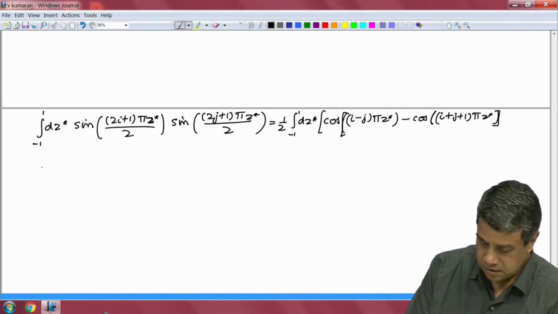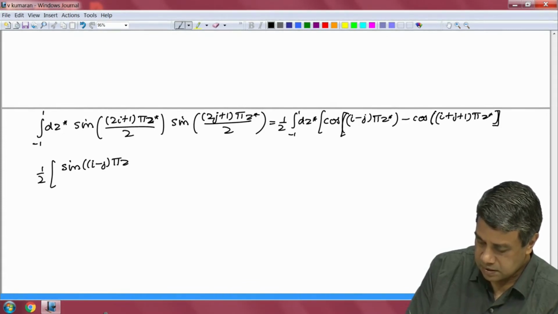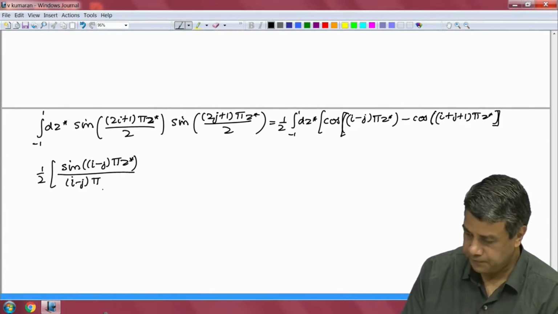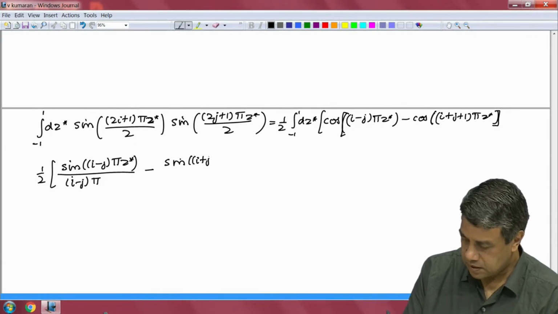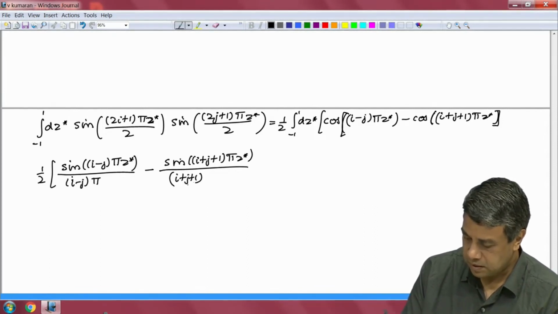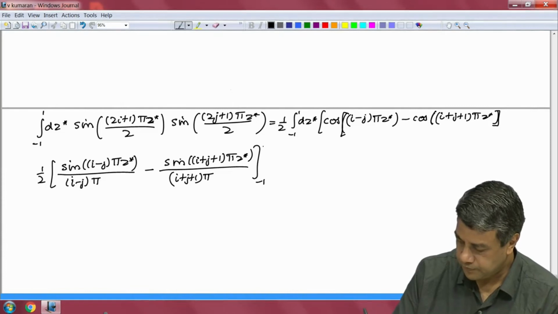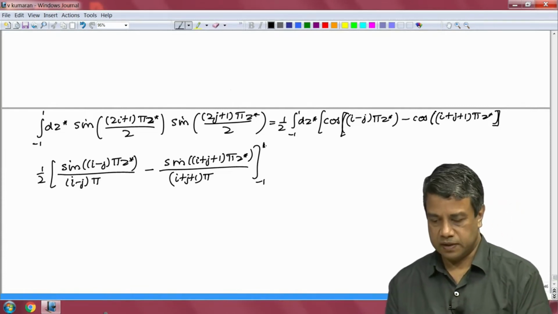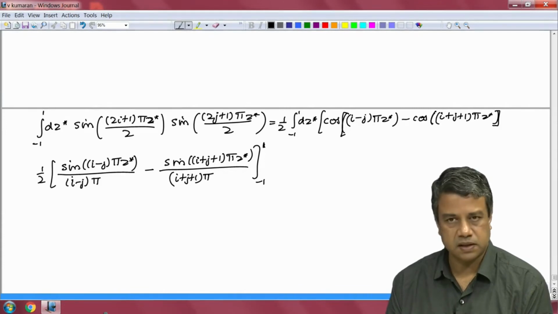So I get half into sine of (i minus j) pi z star by (i minus j) pi, minus sine of (i plus j plus 1) pi z star by (i plus j plus 1) pi, between the two limits of integration, minus 1 and plus 1. i and j are integers.